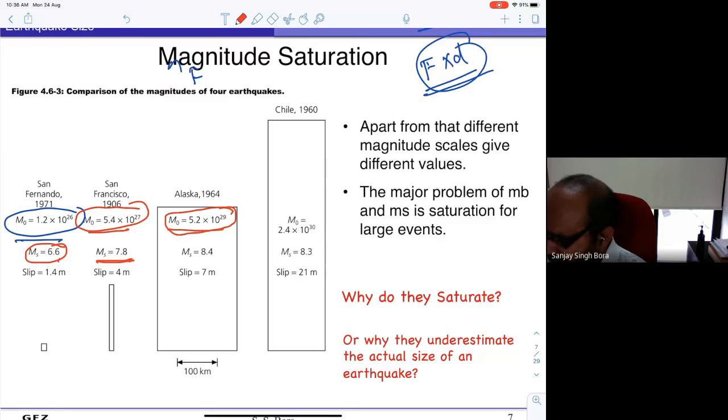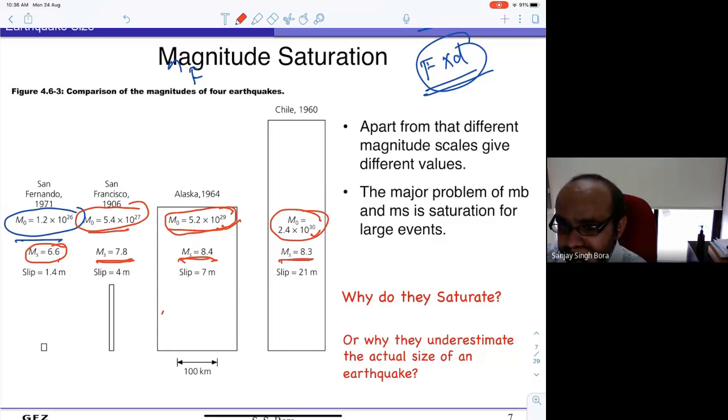The biggest earthquake on Earth recorded so far had a moment of 10 to the power 30, so the change in order is a factor of 10 from 29 to 30. So the moment is larger here and smaller here.